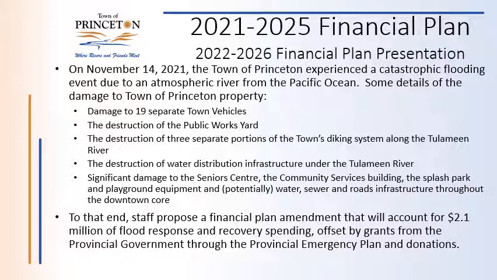Our second source of funds is insurance. The municipality was covered on our buildings 100% through replacement cost insurance: the Public Works yard, the Community Services building. There's damage at the campground that was covered under building insurance, and the pump house and the electrical systems will be covered under the town's building insurance policy.